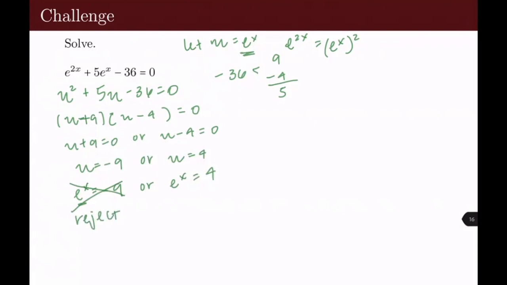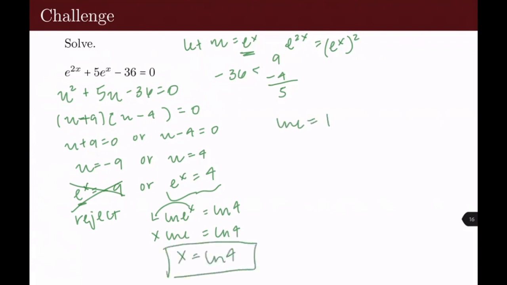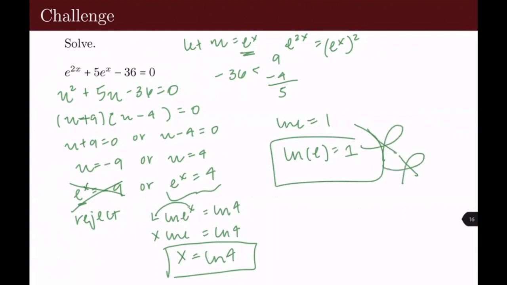So that means our only viable solution is going to be this one. If I take ln of both sides, I can bring my x out. So I have x ln e equals ln 4, and then ln e is 1. So this is just x equals ln 4. The natural log of e is always 1, so this is going to be something really great for you to remember, okay?